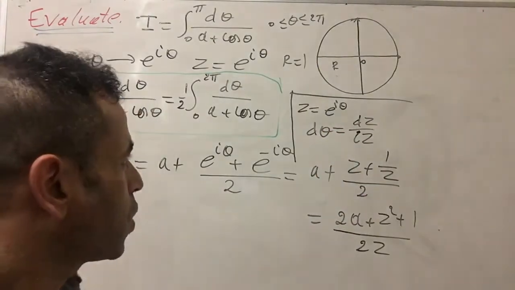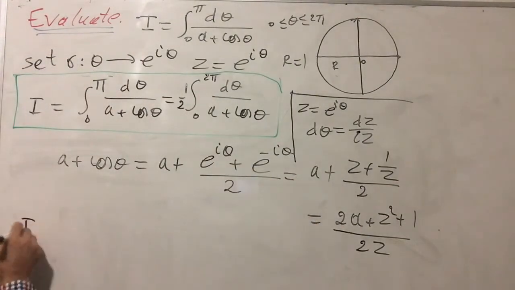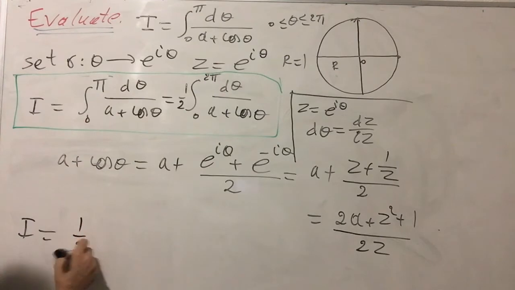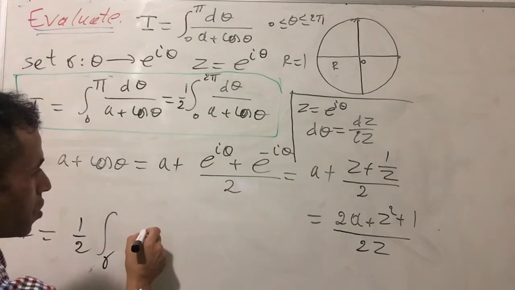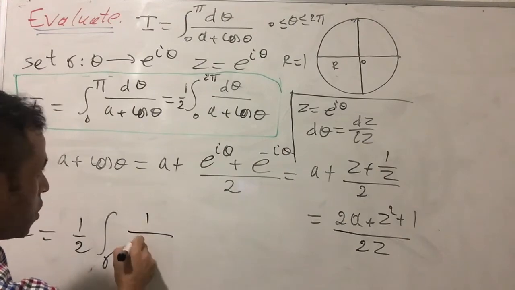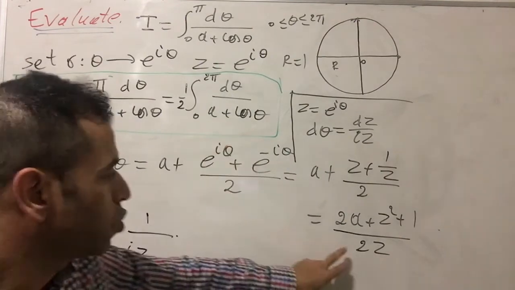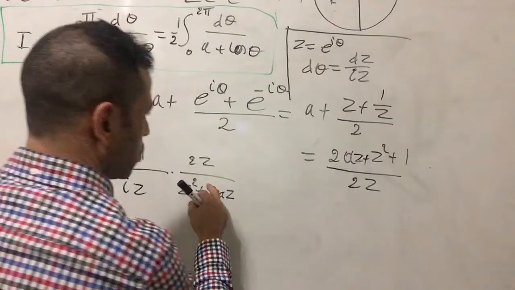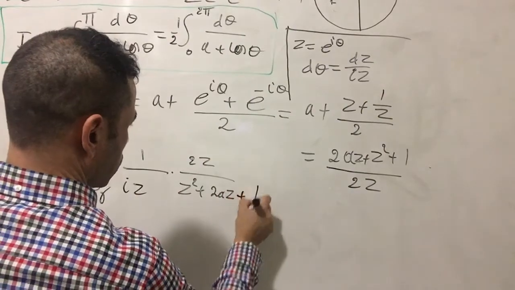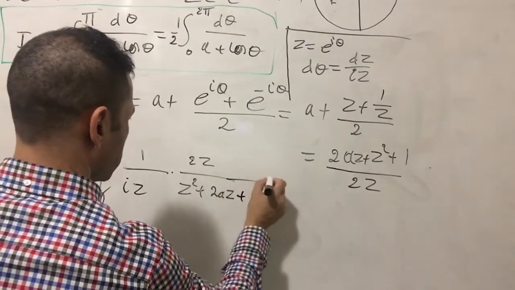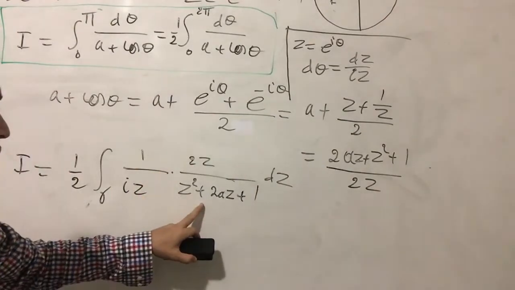So I'm going to plug this information into this integral, so I will have 1 over 2 times the integral over gamma. We will have this dz, so I will have 1 over iz multiplied by this one. I'm going to take the reciprocal of this one, 2z over z squared plus 2az plus 1, dz.